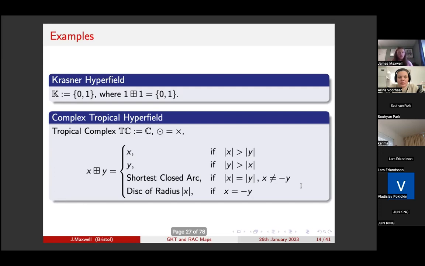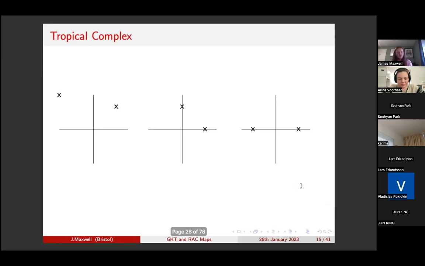To make this slightly more visual, I feel like seeing pictures is always a nice way to make things more secure, here are three examples. The point is that we're adding these two points, which are points of our tropical complex hyperfield, using the hyperaddition. On the left here, this one has a bigger absolute value, so this is the outcome of the hypersum. The two here are meant to be on the same radius, so you end up with the closed arc, including the two points themselves. Again, the shortest closed arc, so it wouldn't go this way around.